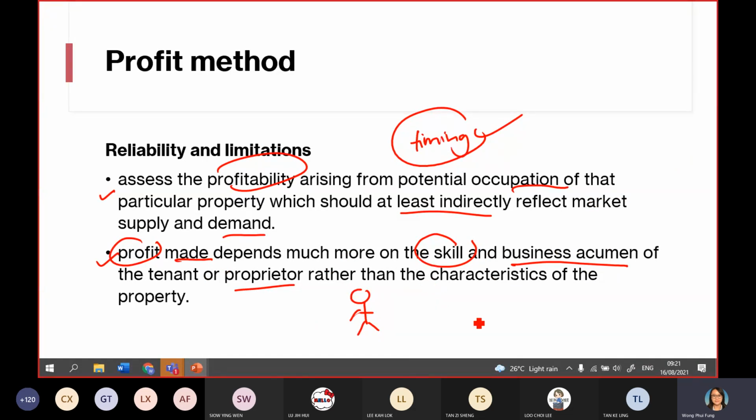So when Jasper takes over, maybe he cannot survive because he has no experience managing a hotel business. So the profit generated actually depends very much on the skill of the owner. Maybe the business is very attractive, but because the owner has no skill, it will reduce the business volume. So when you use the profit method to evaluate this kind of business, sometimes it's quite subjective. Okay, so those are the two limitations that I want to highlight to you.